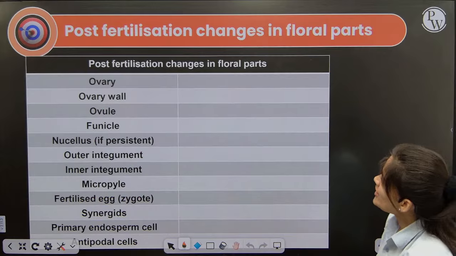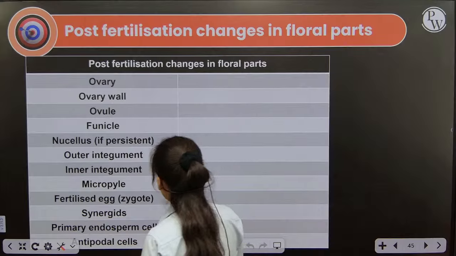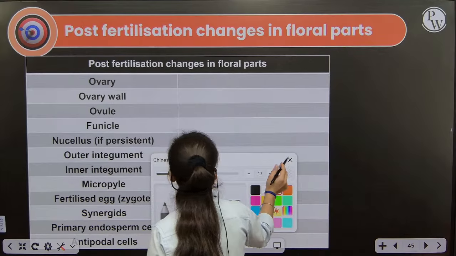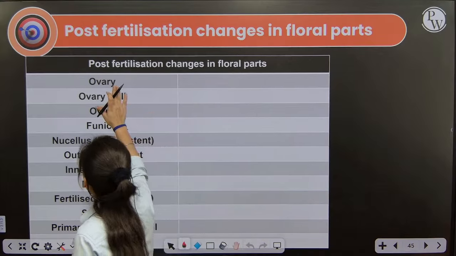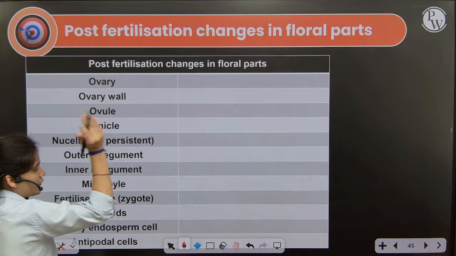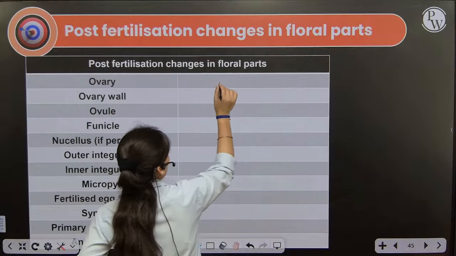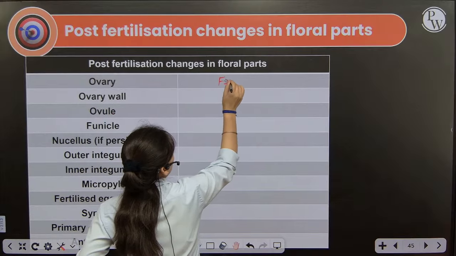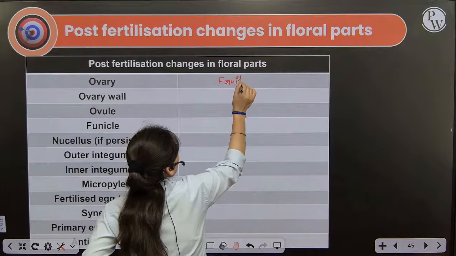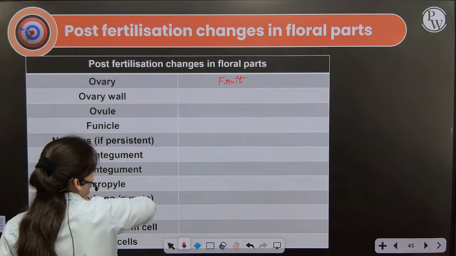Now, post-fertilization changes. What happens to the ovary? After double fertilization, the ovary becomes the fruit. What about the ovary wall?